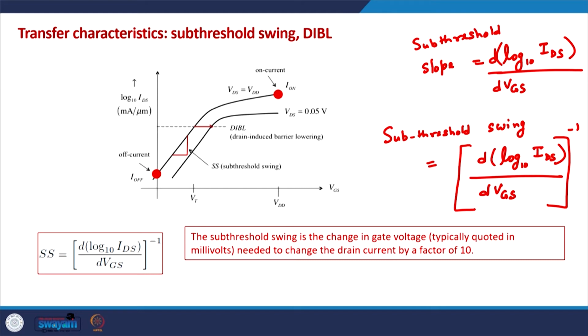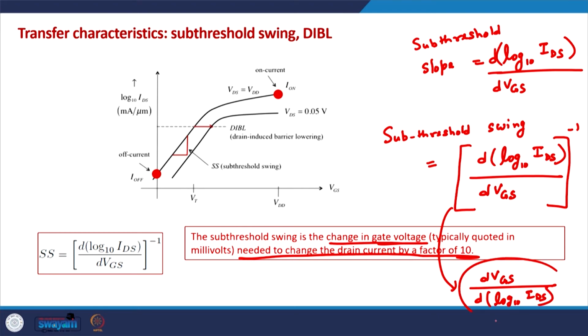And the way it is defined is that it is the change in the gate voltage that is needed to change the drain current by a factor of 10. So ideally this sub-threshold swing will be dVGS divided by d log 10 IDS, but this is not the way to understand it, because VGS is the independent parameter and IDS is the dependent parameter.